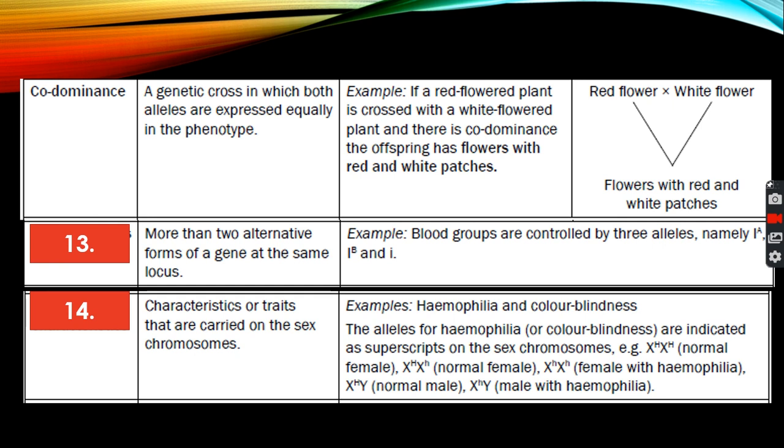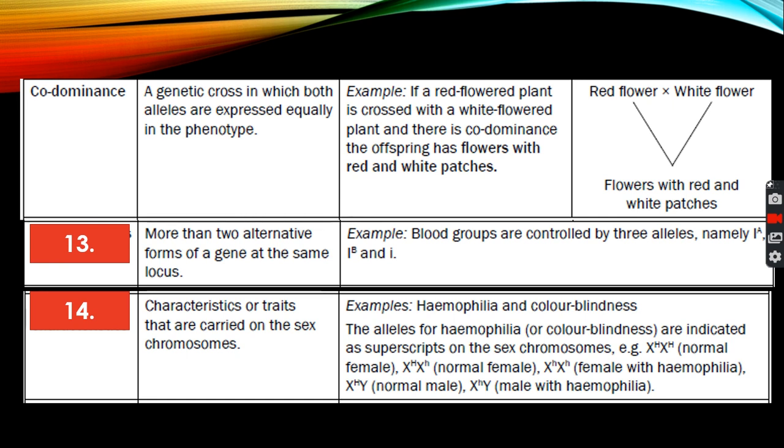So you no longer get an intermediate color, you get both colors equally. So we call that a codominant. Unlike complete and incomplete, in codominance you get both equally expressed, red and white, each showing red and white, just like cattle.